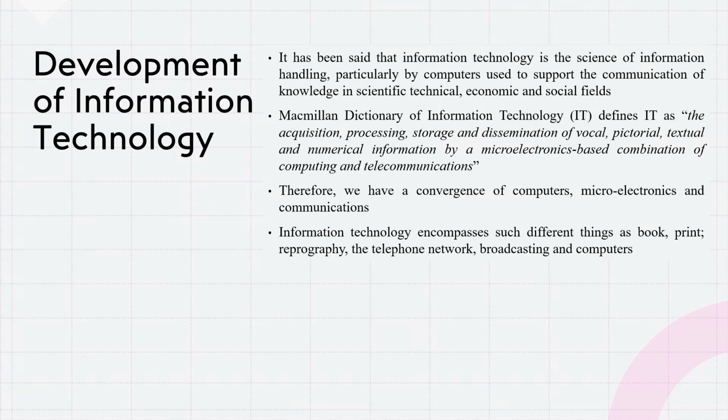Information technology encompasses such different things as book, print, reprography, the telephone network, broadcasting, and computers. It is important to bear in mind that information technology is not just concerned with a new piece of equipment, but with a much broader spectrum of information activities.